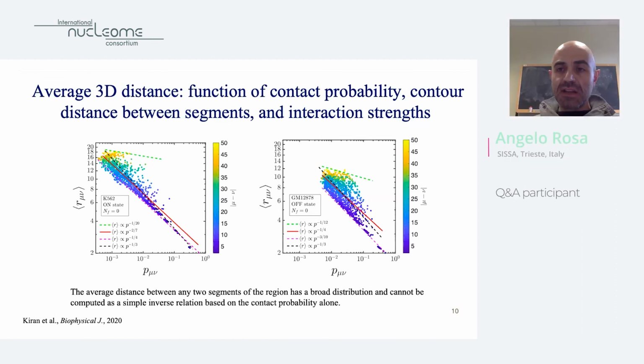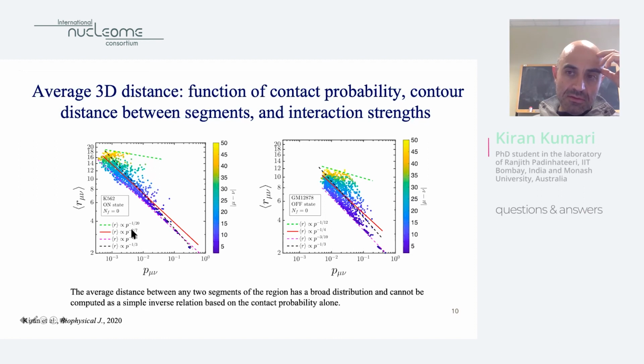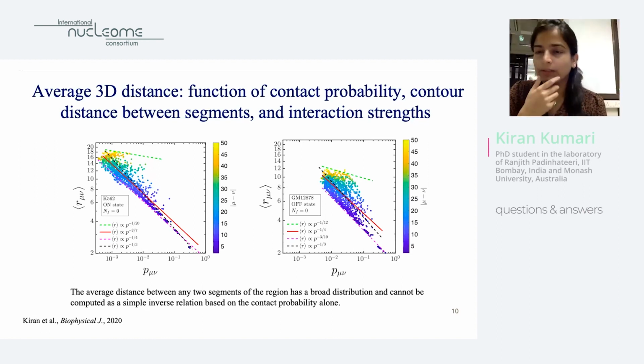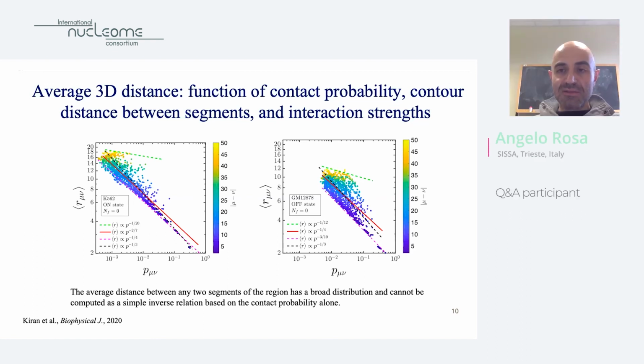It looks like a prediction from a theory. I guess you are making a fit here, right? I'm making a fit here. The red curve is basically the fit to the data, which indicates -2/7. But why 2/7? It looks like a precise value to me, right?